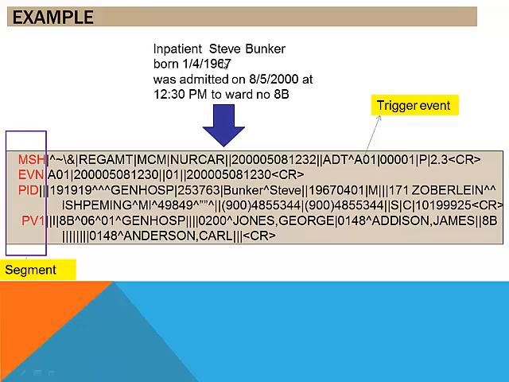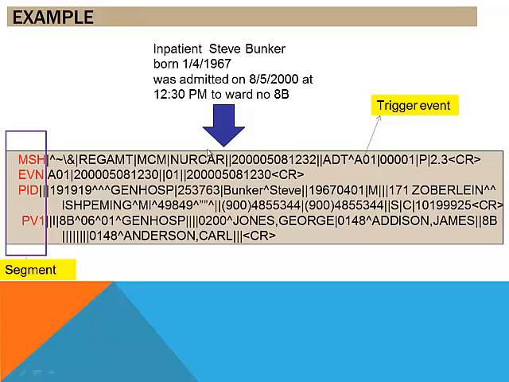For example, the patient's name is Steve Bank, born on January 4th, 1967. Then he was admitted on August 5th, 2000 at 12:30 p.m. to ward number 8B. So we need to send this information out.